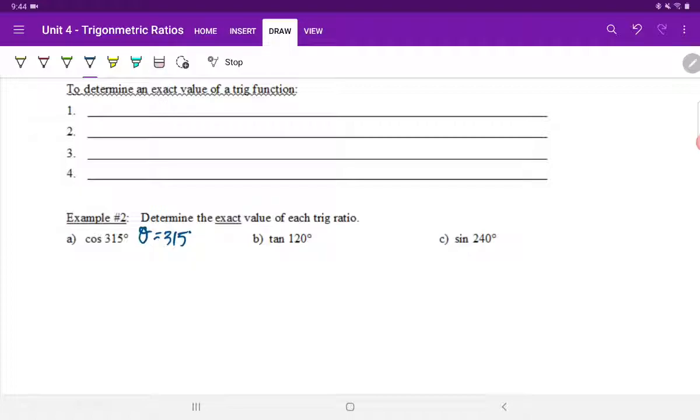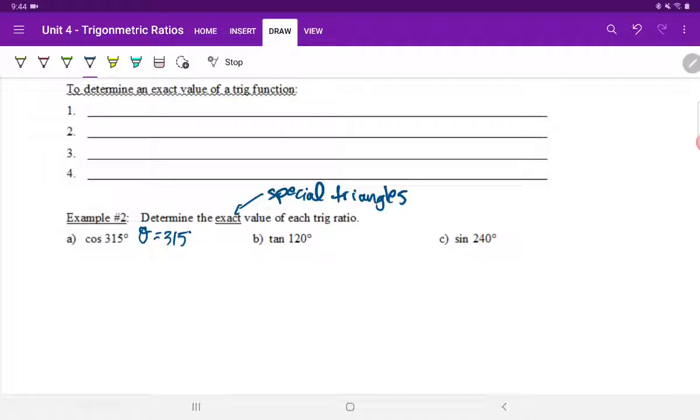If you see the words exact value in this unit, we are going to be using our special triangles somewhere. You know that because only our special triangles will provide us with exact fractions or exact ratios and no decimals. So we know that there must be a special triangle somewhere here. Well, let's see what they're talking about.